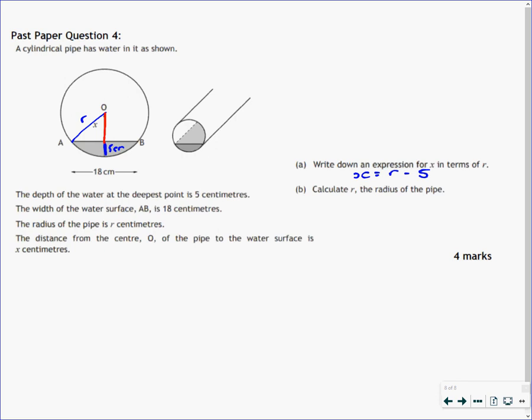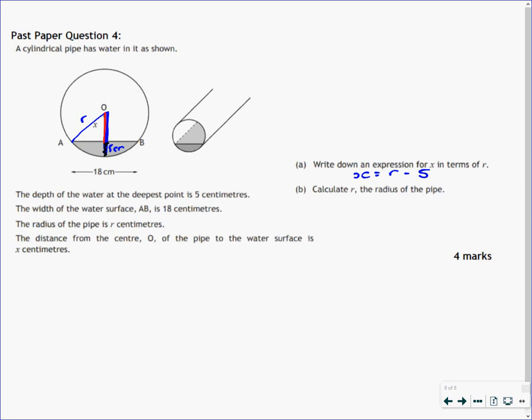So if you were to think about the full radius going from O straight down, if you take 5 away from that, you're left with X. Okay?